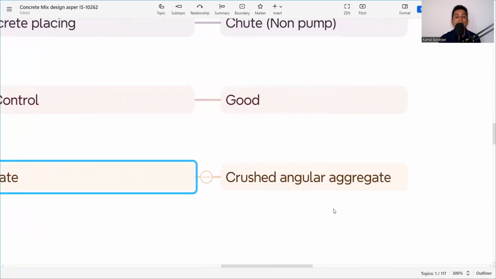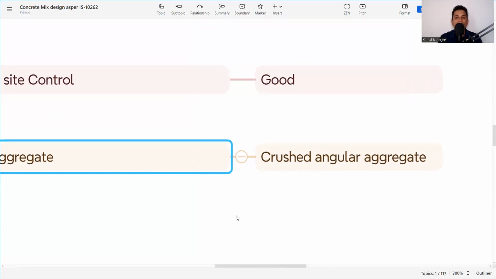Here we are choosing crushed angular aggregate. Why? Because it is widely available and easily available. And if anything changes, the properties will change, the moisture content, the moisture absorption property, angular shape, everything will change, and accordingly the mix design criteria will change. Now we have chosen the crushed angular aggregate.